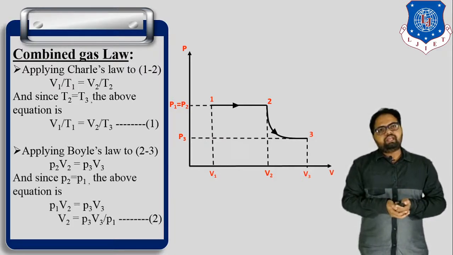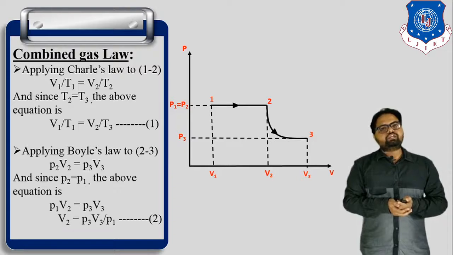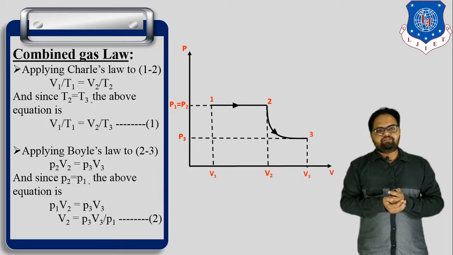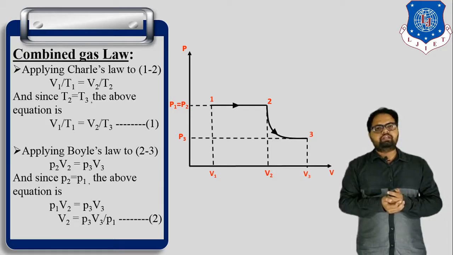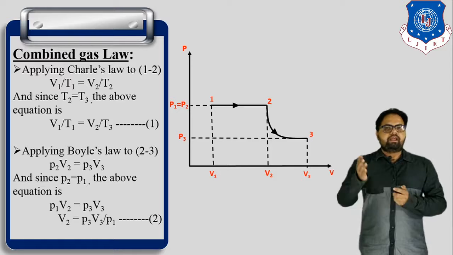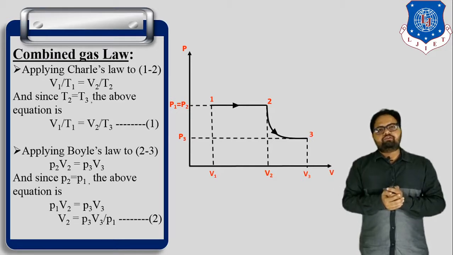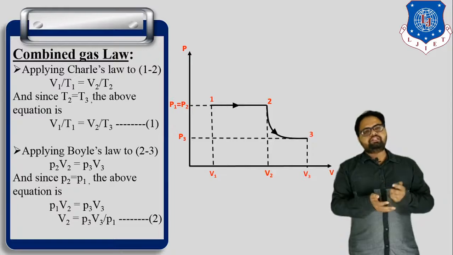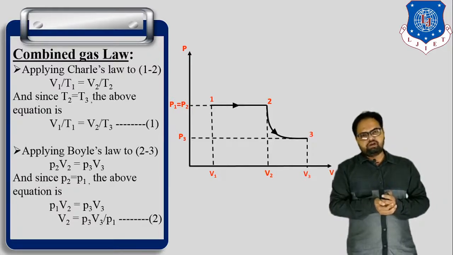So we can rewrite P2 as P1 in the above equation of Boyle's law. So the final equation becomes P1V2 is equal to P3V3, and by taking V2 as the subject, V2 is equal to P3V3 divided by P1. This is equation number 2 for us.